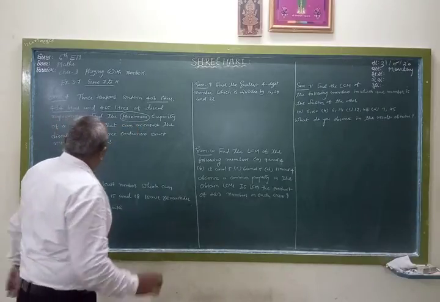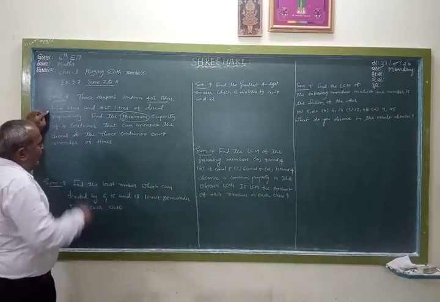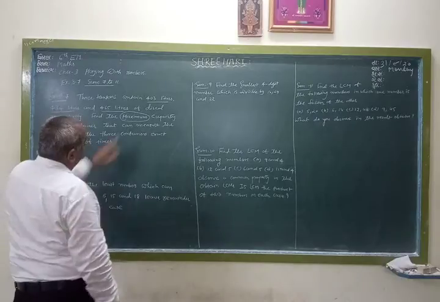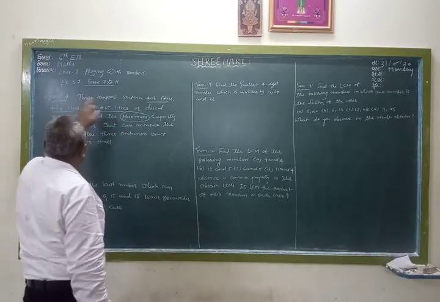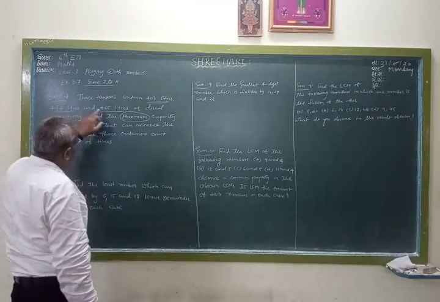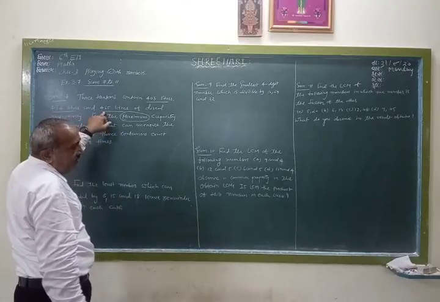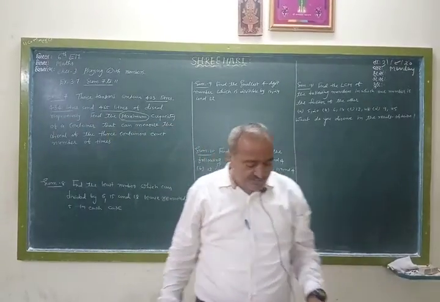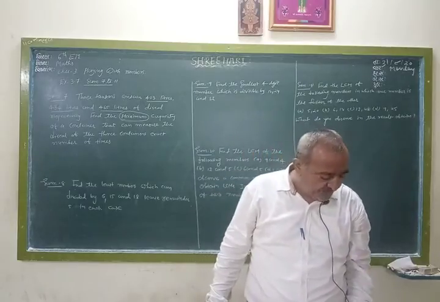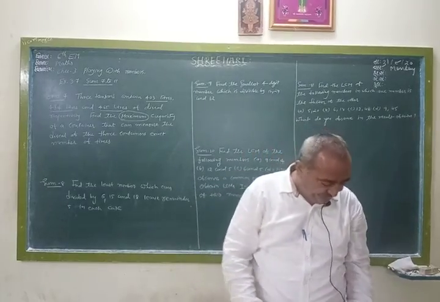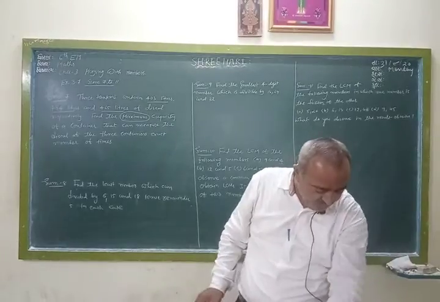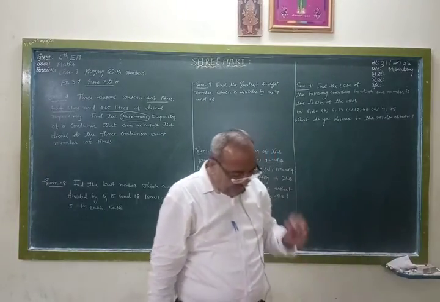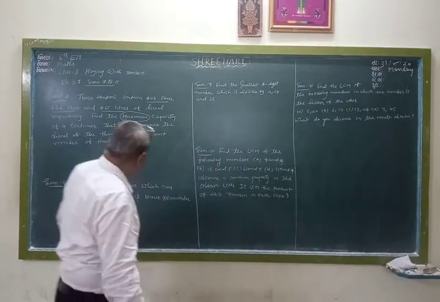Now, how can we find the HCF of 403, 434 and 465 with the help of prime factors? Friends, with the help of prime factors we can find the HCF. So first we do the prime factorization.